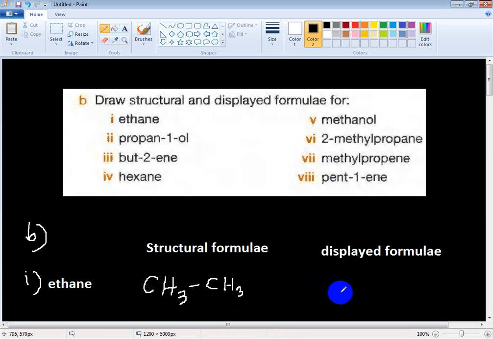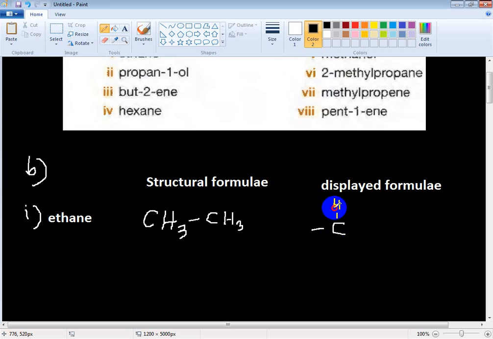Here carbon contains 3 hydrogens, here carbon carbon single bond, and this carbon has 3 hydrogens, so there are 3 carbon hydrogen bonds here. So the displayed formula shows the number of atoms and all bonds are also shown here.